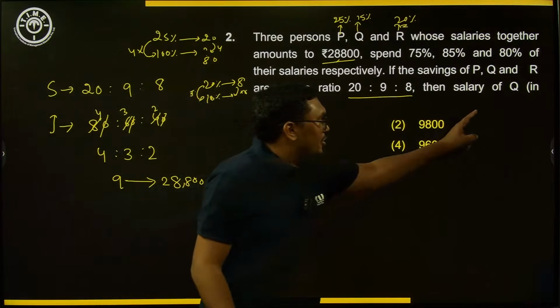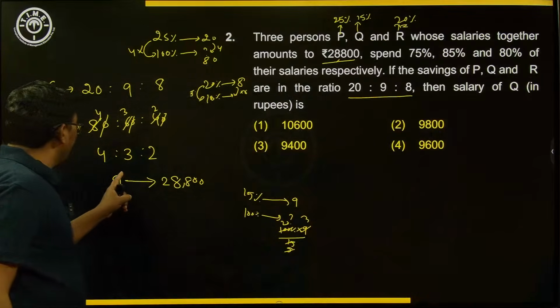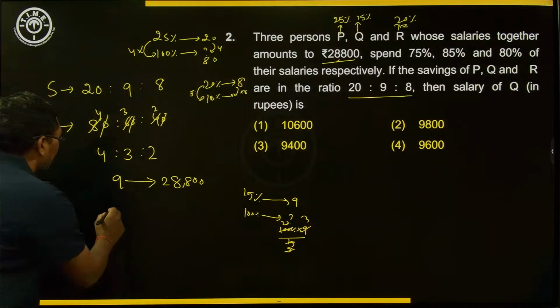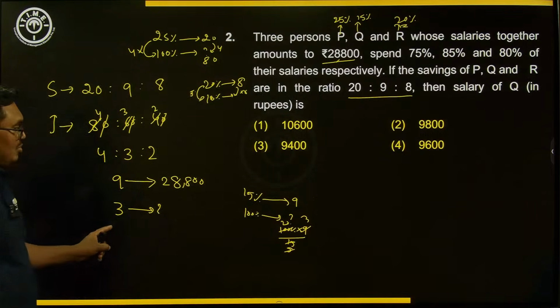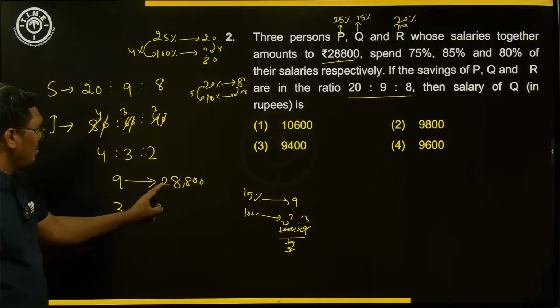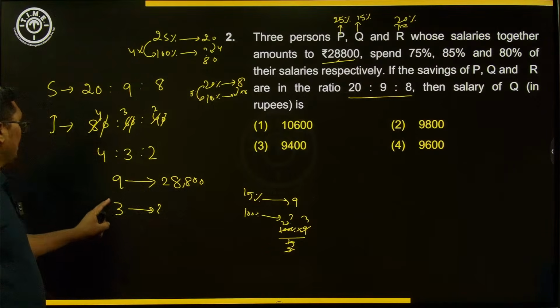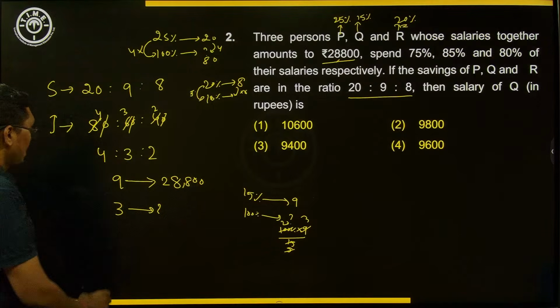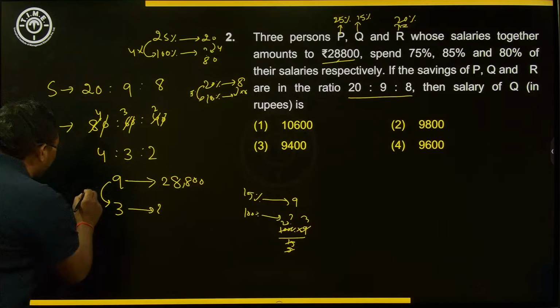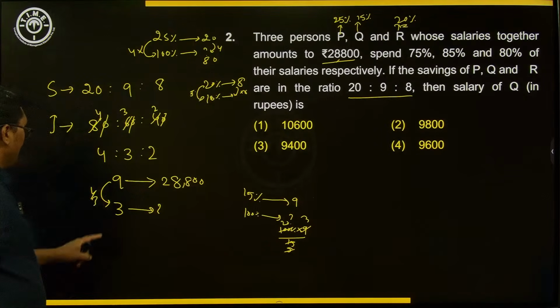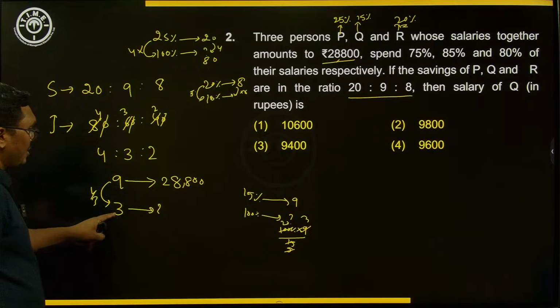So what you have to find? Then salary of Q. So salary of Q is what ratio? 3 ratio. So 3 parts is how much? If you cross multiply these two, 3 into 28,800 by 9, we will get the answer. Instead of doing like that, this is exactly one third, right? 9 becomes 3 means 1/3.